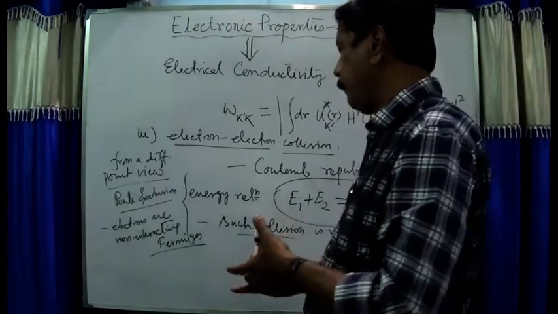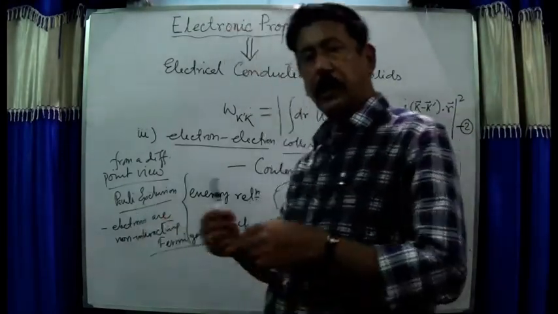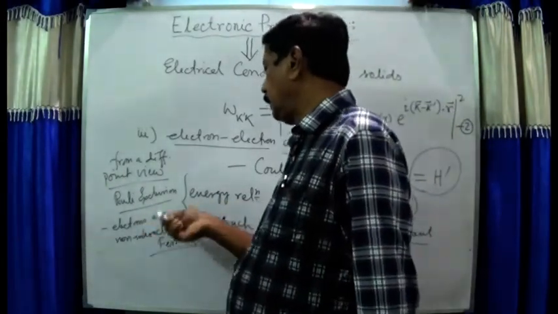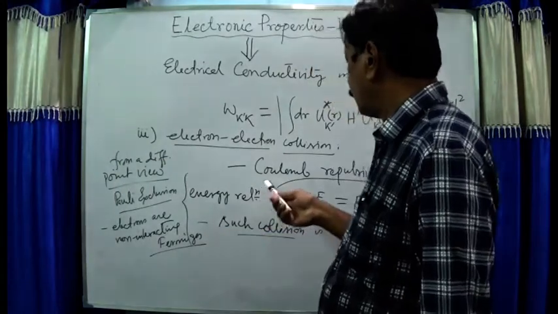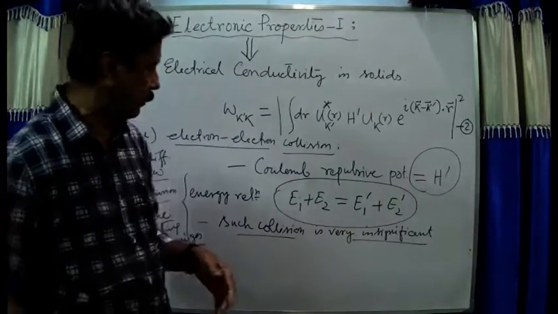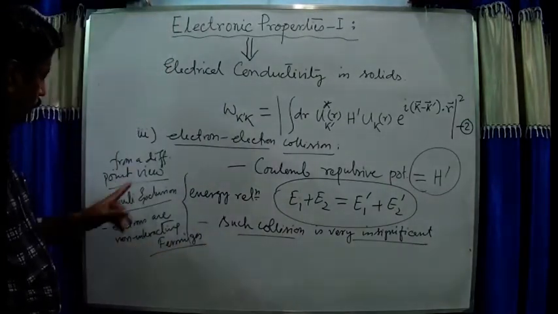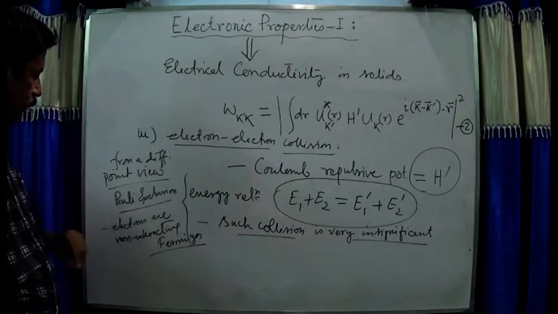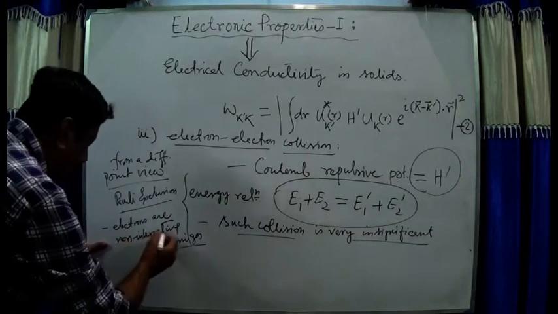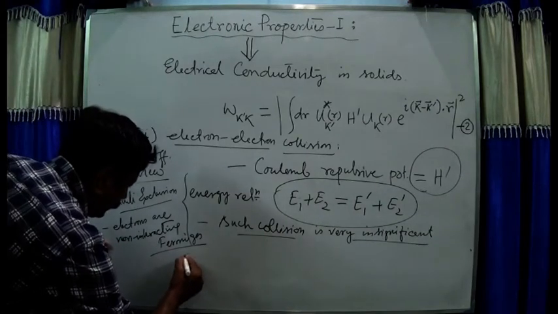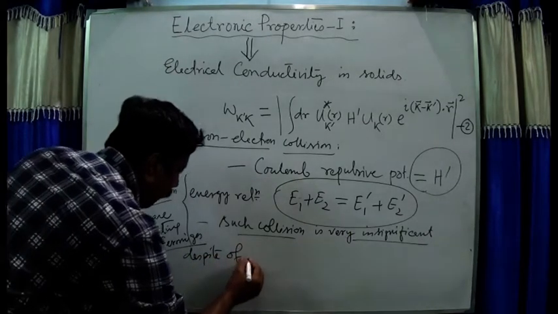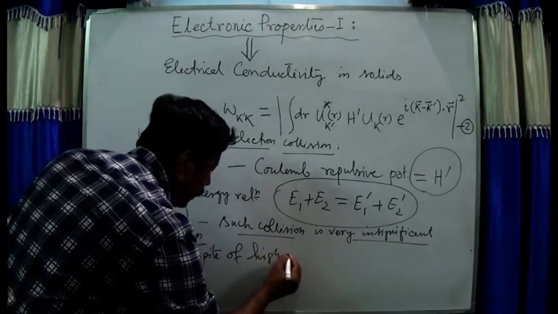It implies that electron-electron collision cannot occur, due to Pauli's exclusion principle. The interesting fact is that they are non-interacting despite high density.